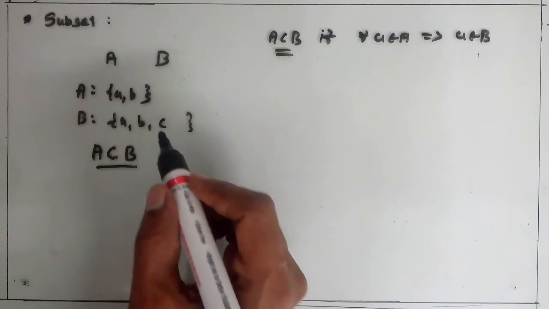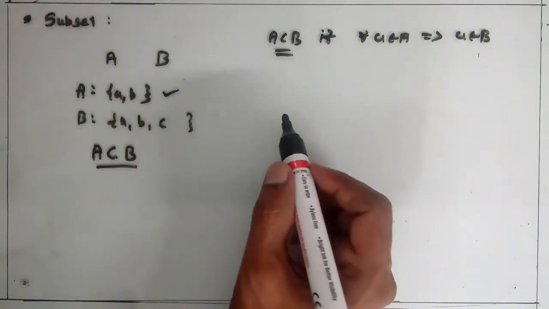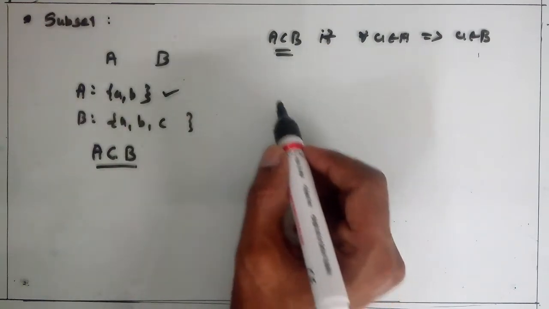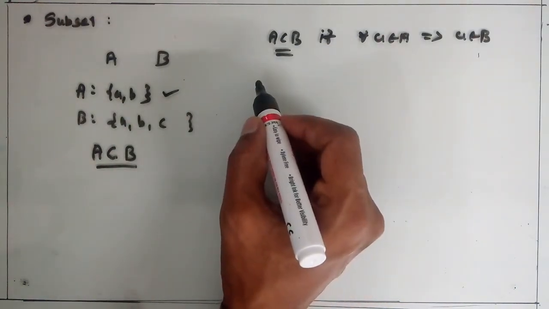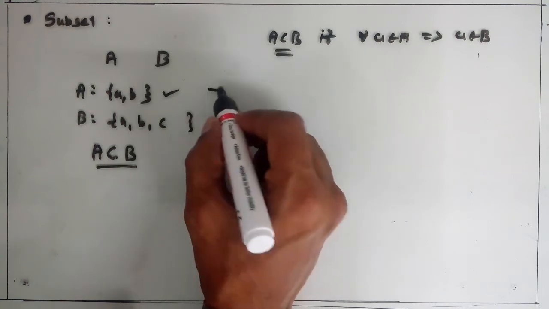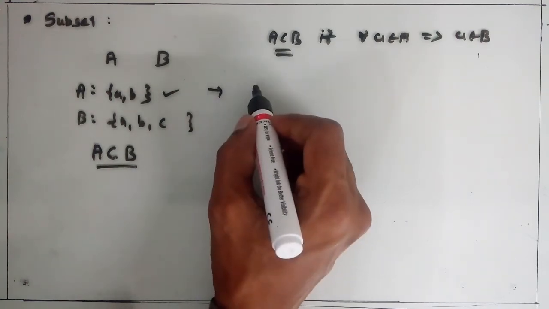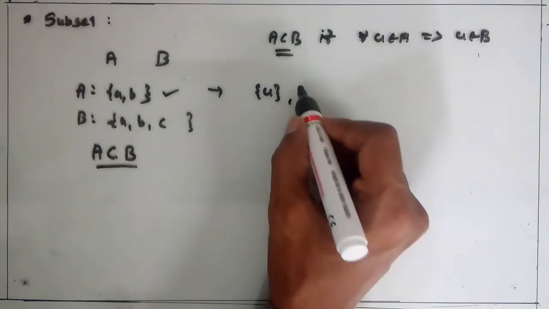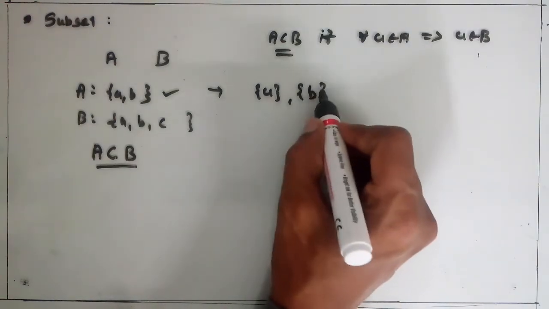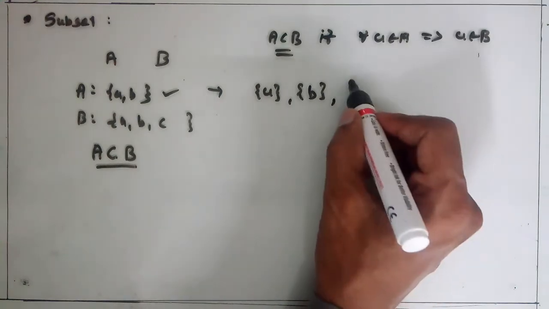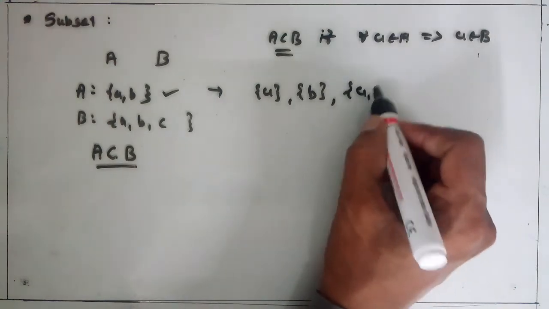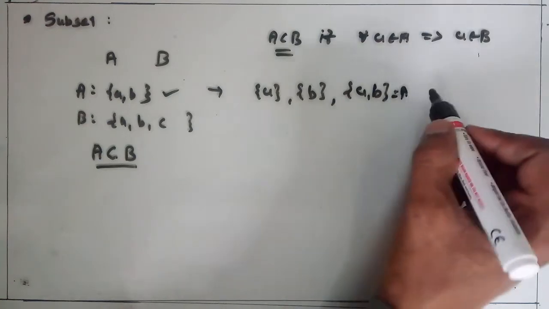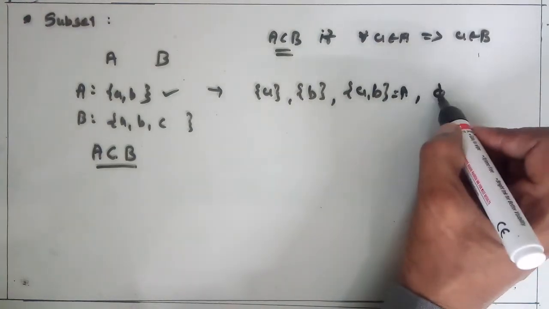Now here we have set A = {a, b}. Think about the subsets of A. Subsets of A are: first, the singleton set {a}, second, the set {b}, {a, b} that is A itself, and a null set.